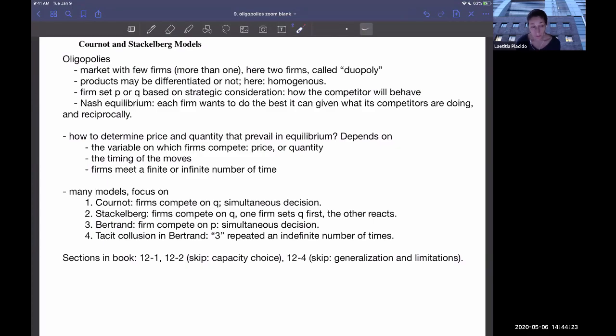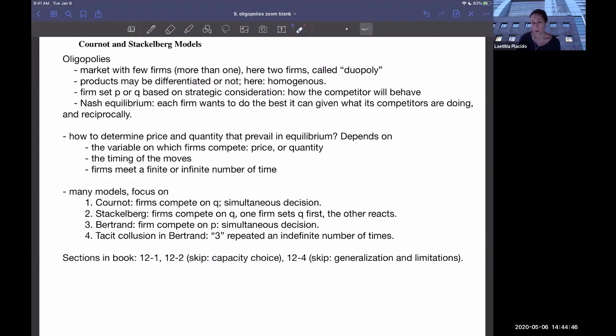As I said, there are many models of imperfect competition. In this problem set, we're going to start by studying the Cournot model. In the Cournot model, firms are going to compete in quantity. Each firm is going to set its optimal quantity, anticipating what the other firm is choosing.